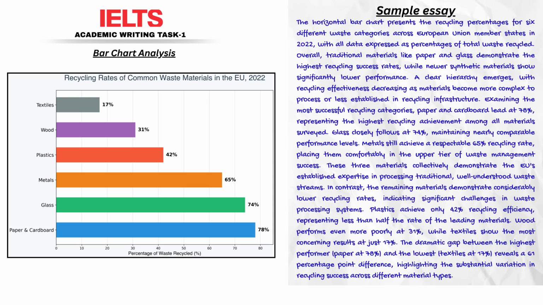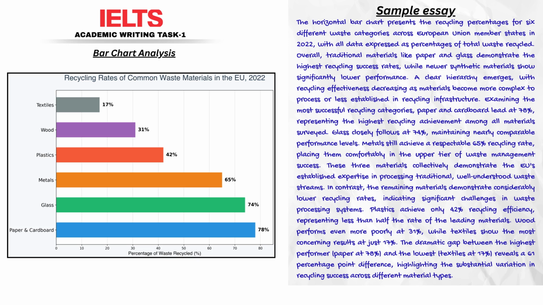A high-scoring response always groups data logically. This answer dedicates paragraph 3 to high-performing materials, paper, glass, and metals, and paragraph 4 focuses on the lower-performing materials, plastics, wood, and textiles. This creates a very effective performance-based grouping. Look at the language in paragraph 3.